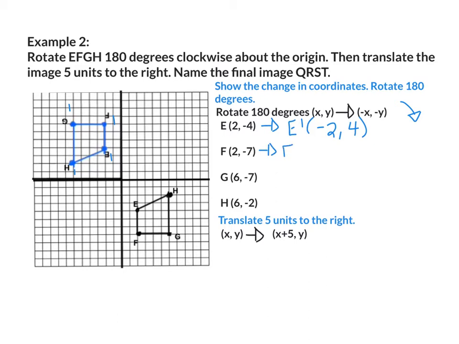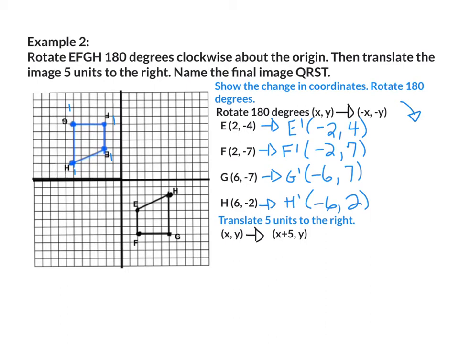F prime becomes -2, +7. G prime becomes -6, +7. And H prime becomes -6, +2. And those are my new coordinates.